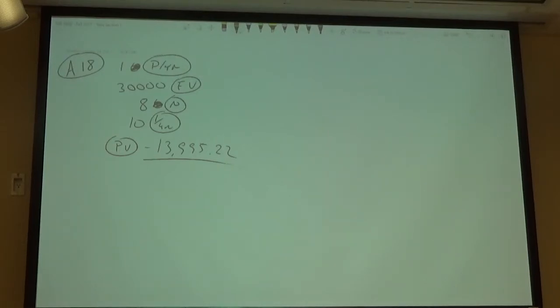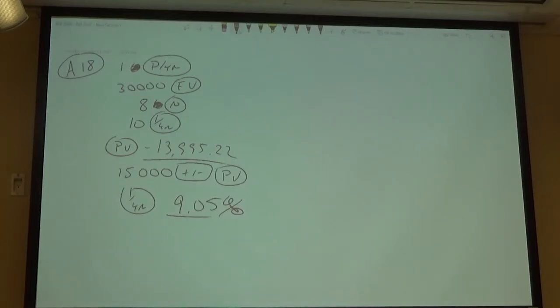Yes? Okay, so let's just see. So all we've got to do is put in the $15,000 as a negative present value, and then simply solve for the interest rate. 9.05%.